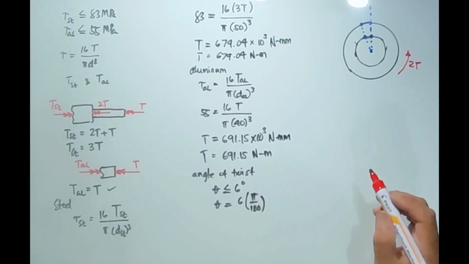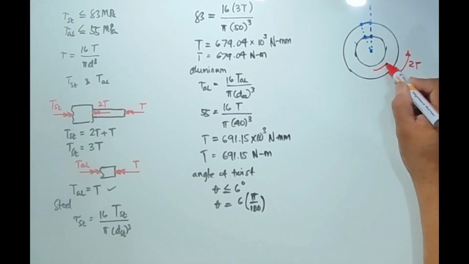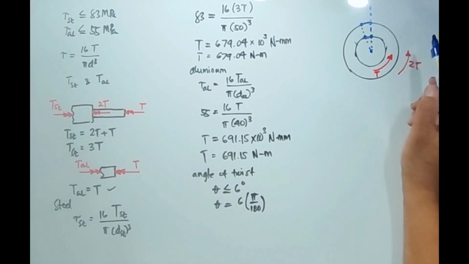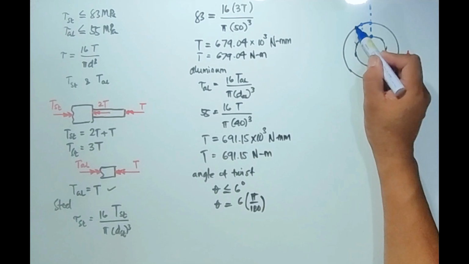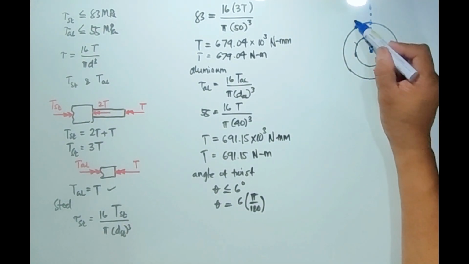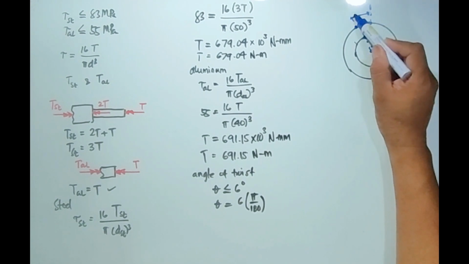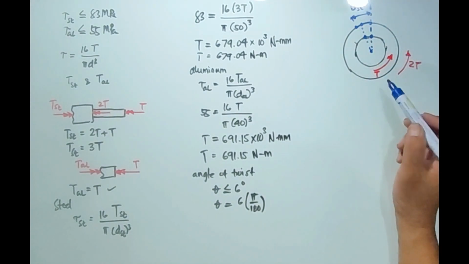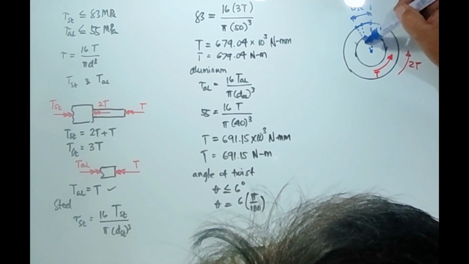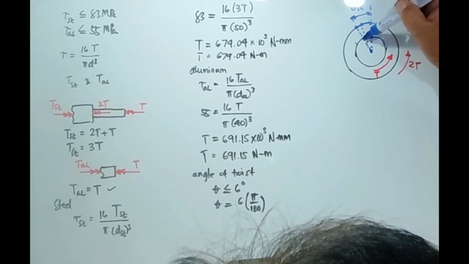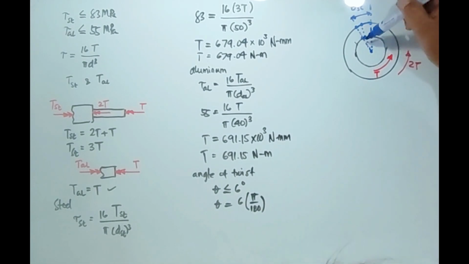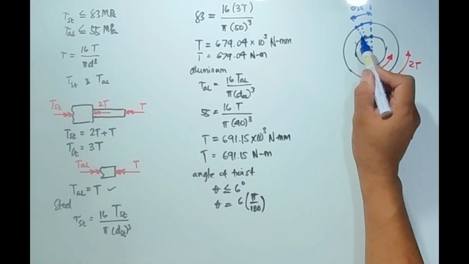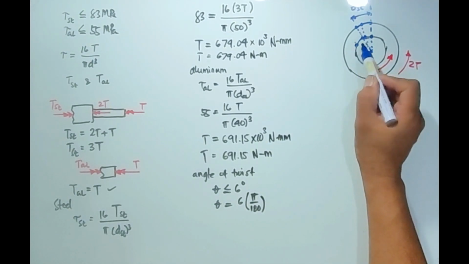And then at the free end, at the aluminum segment, there's another torque here. So now this torque will cause this point to move somewhere over here. And this movement up to here will be the angle of twist for the steel. So now this point for the aluminum is now here, but there is still no twisting in the aluminum shaft. Now this point will move, say, somewhere here.